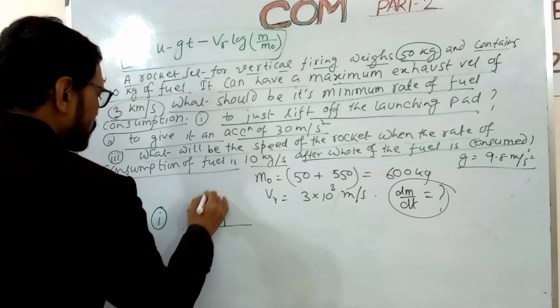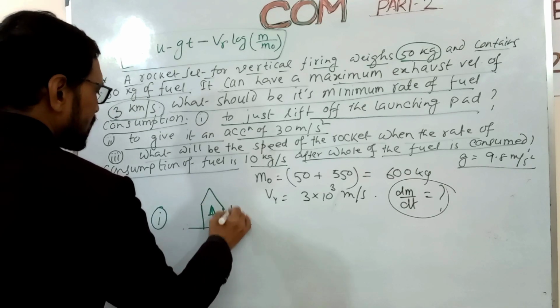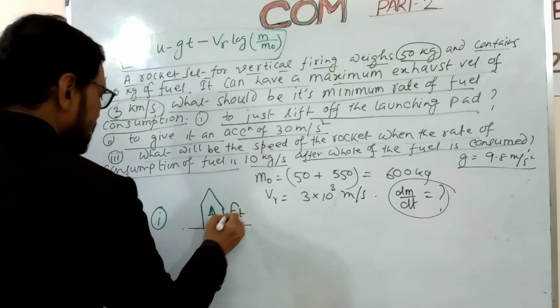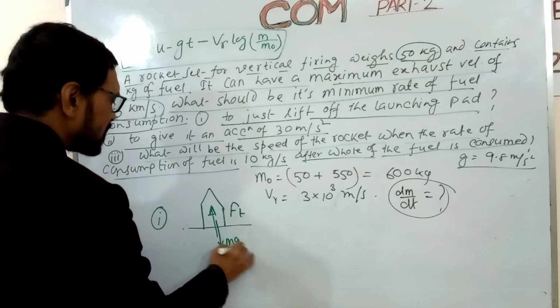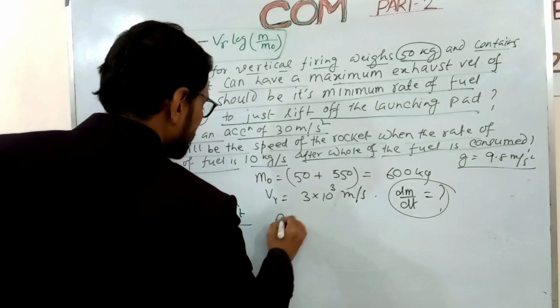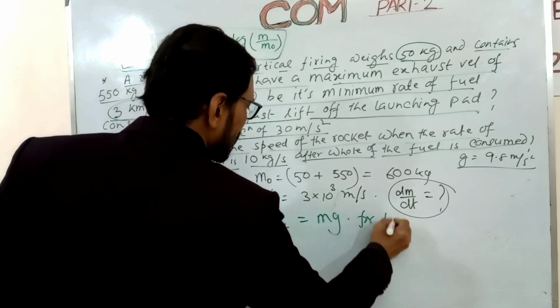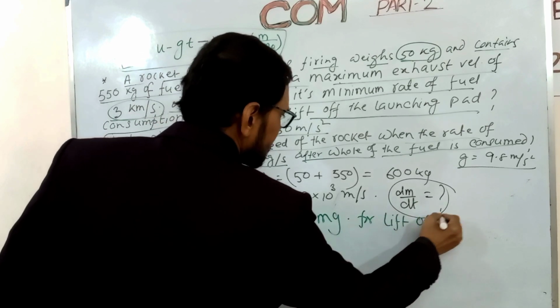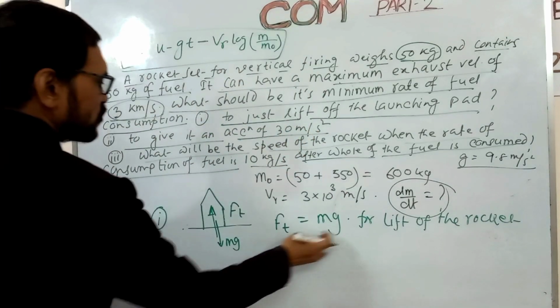If the rocket has to lift from the launching pad, the thrust exerted on the rocket must be equal to the weight of the rocket.